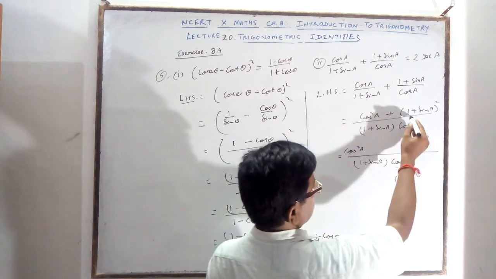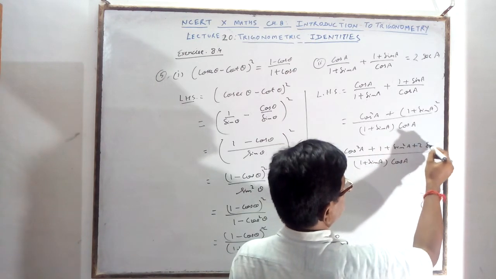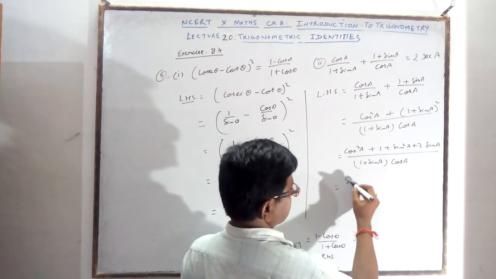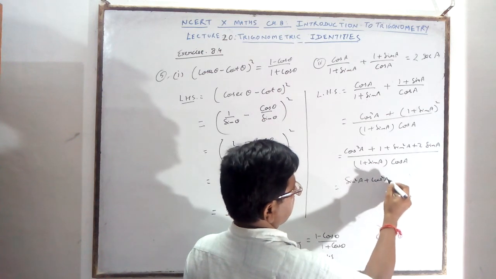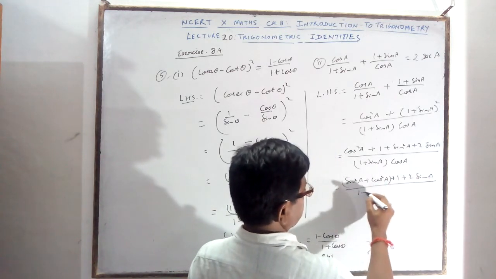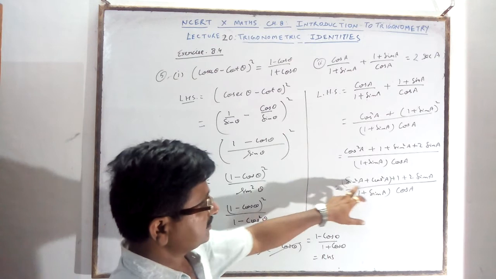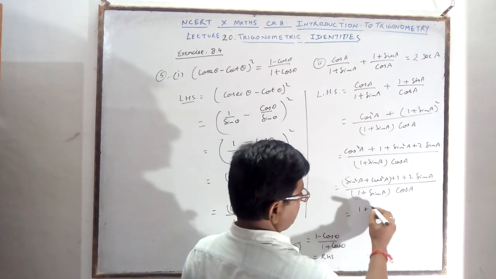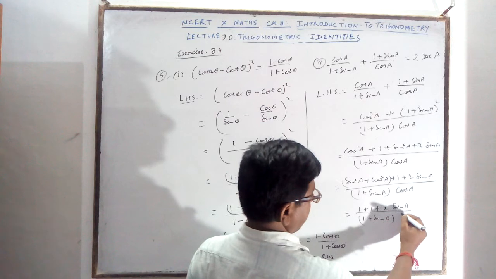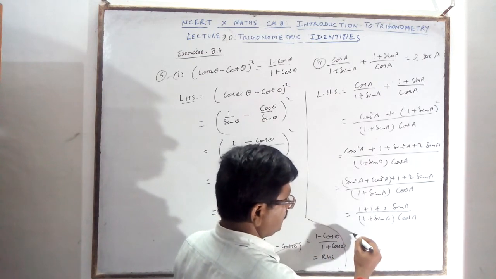In the numerator, cos square is here, but a plus b whole square is 1 square plus sin square A plus 2 sin A. Write both at one place: sin square A plus cos square A plus 1 plus 2 sin A. But don't touch the denominator, because you want to cancel 1 plus sin A. Sin square A plus cos square A will give you 1, so 1 plus 1 plus 2 sin A, over 1 plus sin A and cos A. Now 1 plus 1 is 2.